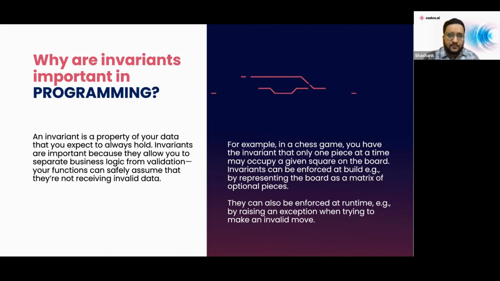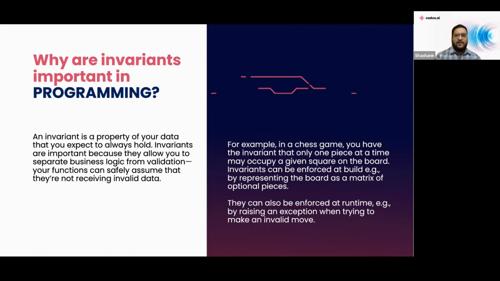Invariants are important because they allow us to separate the business logic from validation. Your function can safely assume that it is not receiving invalid data. Then only computation makes sense.